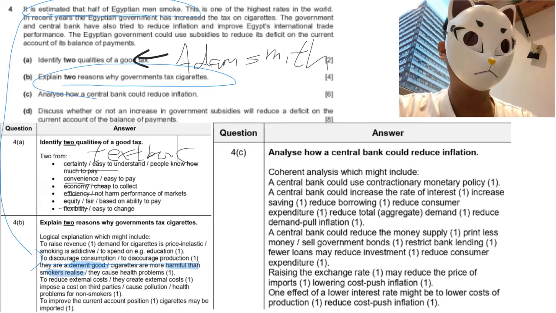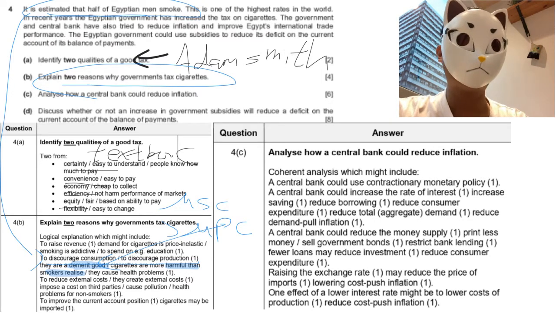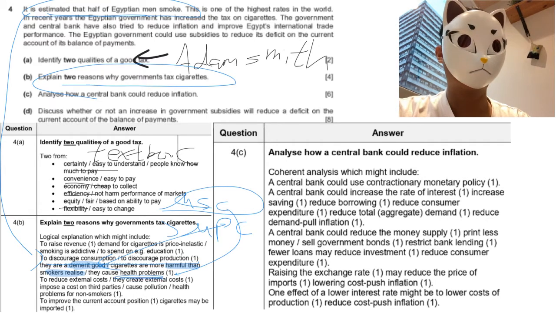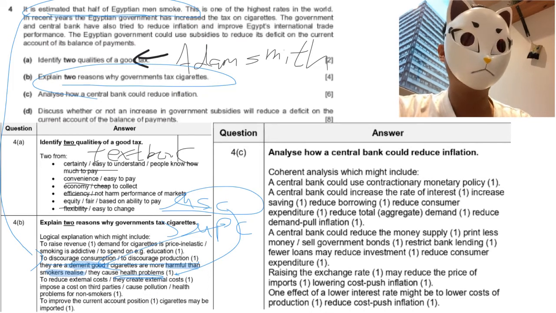Or you may give a very clear definition. For a demerit good, that means the marginal social cost is greater than the marginal private cost. Say for example, there are health problems, so this might add the burden. So let me put it down.